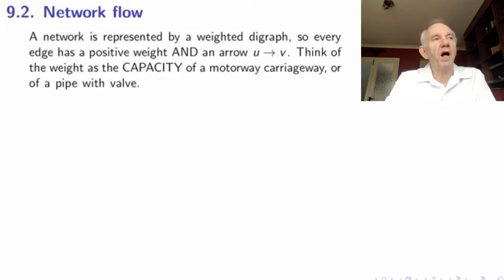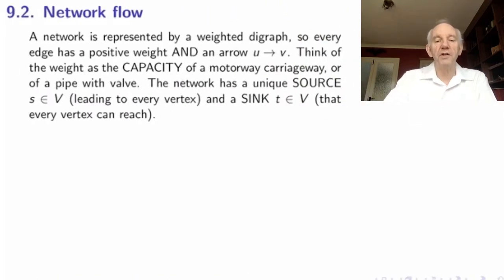So you should have in mind one carriageway of a motorway in which all the cars are hopefully going in the same direction, and the flow would correspond to, I don't know, how many cars pass a traffic camera in 1 minute, that sort of thing, or gas flowing along a pipe. The speed of gas, I gather, for natural gas is about 30 meters a second, and obviously the quantity of gas you can get flowing along the pipe depends upon the diameter of the pipe. So that's the setup. So we have this network to begin with, and each edge has a capacity.